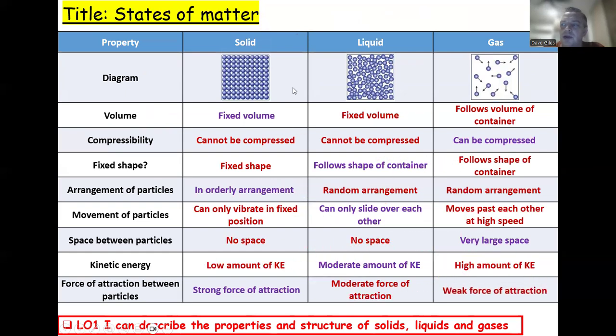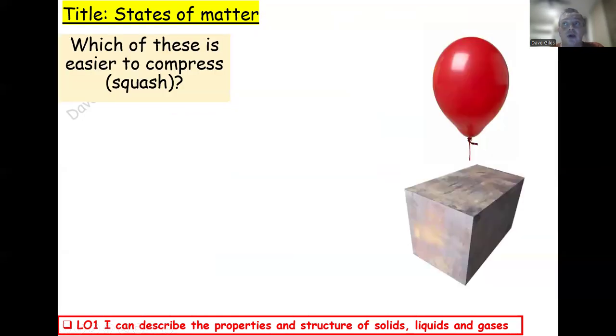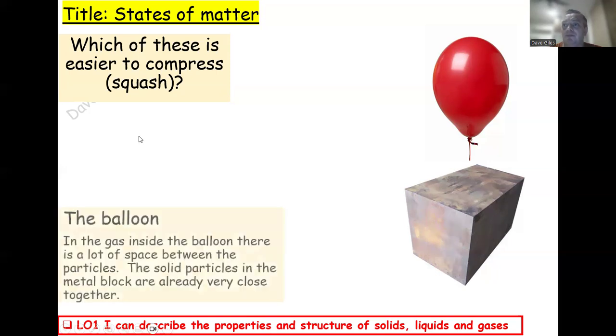Okay, I hope you did okay on those. And moving on, still continuing with our first learning objective. So which of these is going to be easier to compress? The lead block or the balloon? Well, I'm pretty sure you're all aware of the fact that it's going to be the balloon. That's pretty obvious. But why?